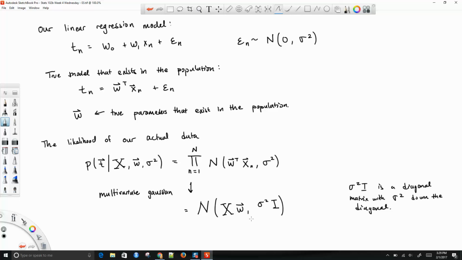All right. So let me just pull up the multivariate Gaussian here. The probability of some vector X is going to be, D is the dimension of your data, okay, here.